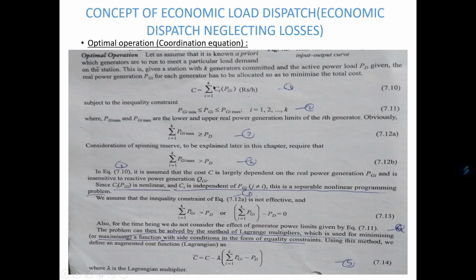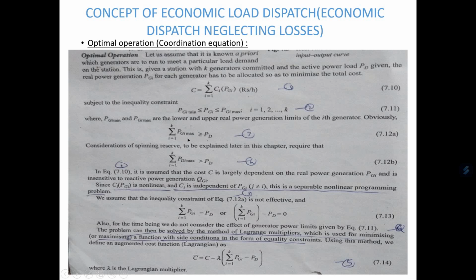So C is equal to summation of i equals 1 to k Ci(Pgi), in rupees per hour, where i is 1 to k, the number of generators, and the variable Pgi is the power generated by each generator. Now, subject to the inequality constraint, Pgi should be greater than or equal to Pgi minimum and less than or equal to Pgi max, where i is equal to 1 up to k.